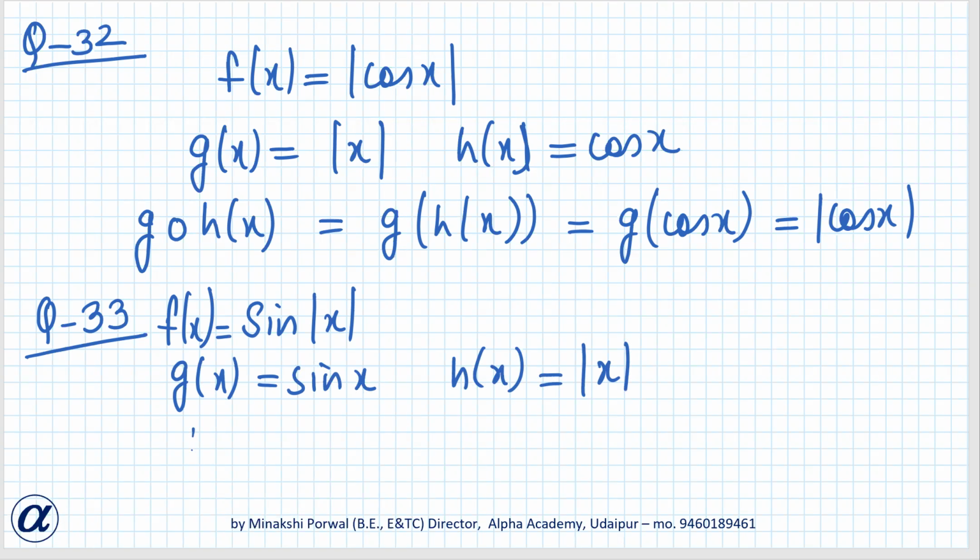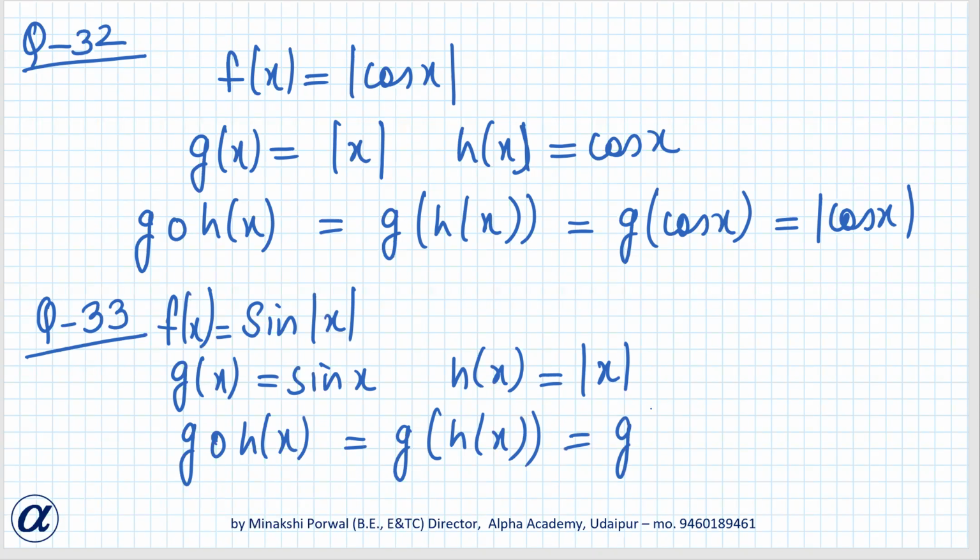So g of h(x) equals g of mod x, that is equal to sine of mod x. As sine x is a continuous function and h(x) is a continuous function, their composition will also be a continuous function.